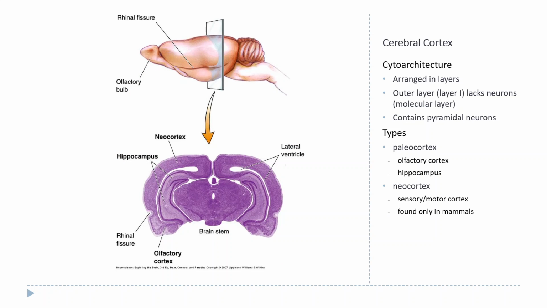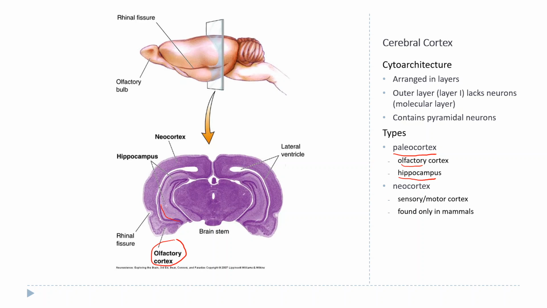And we can classify different parts of cerebral cortex, and there's generally at least 2 major divisions. The paleocortex consists mostly of 2 regions: the olfactory cortex, which in the rat brain is down here on the ventral side, and then this fold underneath the other layer called the hippocampus.